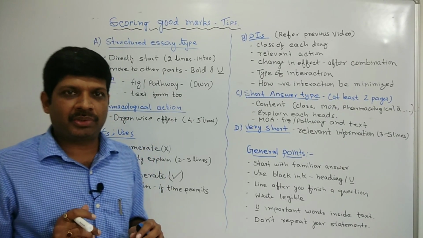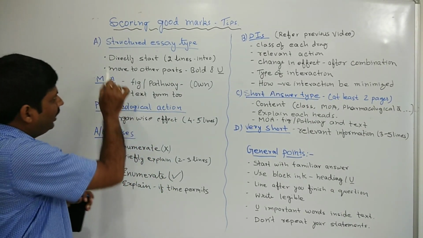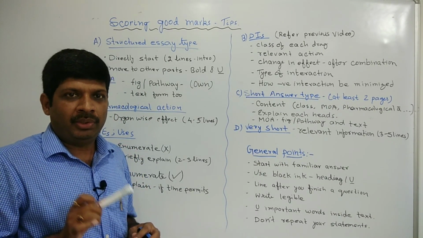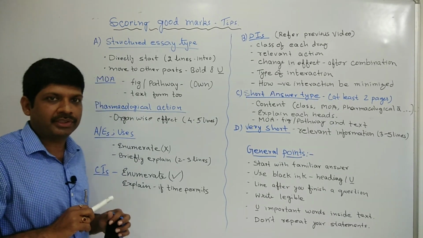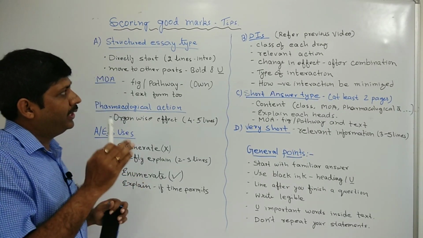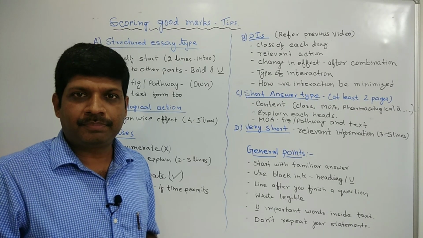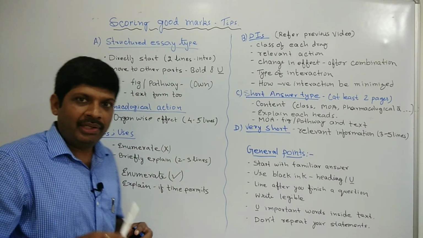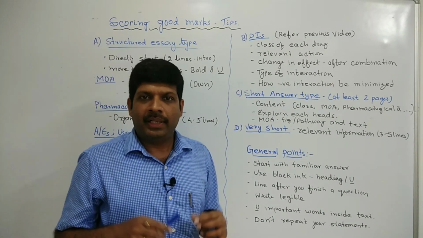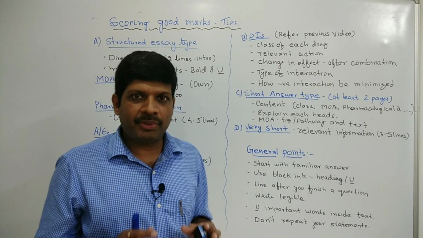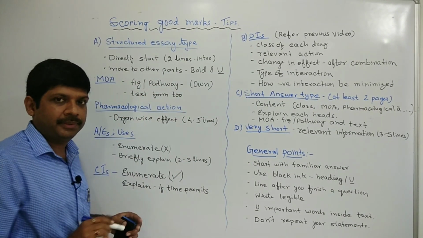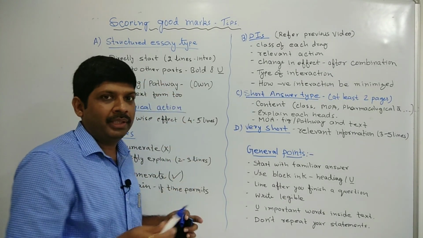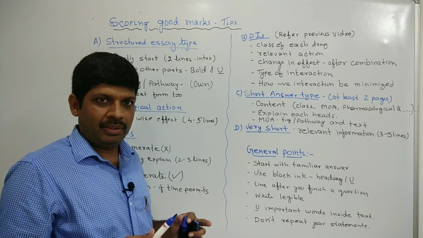For that, you can directly start the answer. Usually the first part contains the classification, so there is no need to go into an introduction. If you do want to give an introduction, restrict it to just 2 lines, and then slowly move toward the other parts one by one.